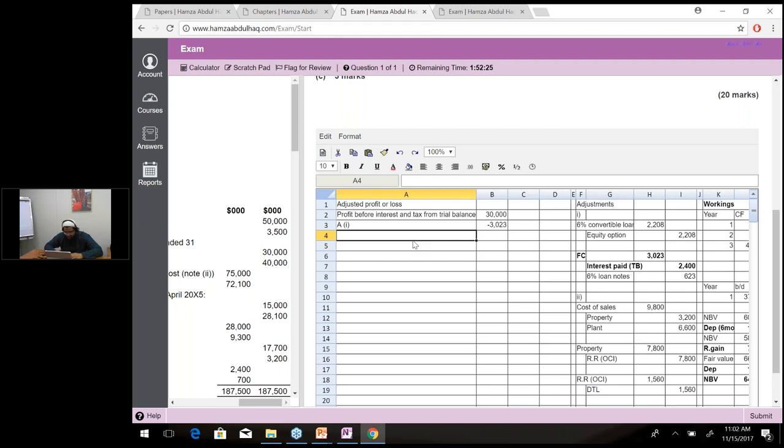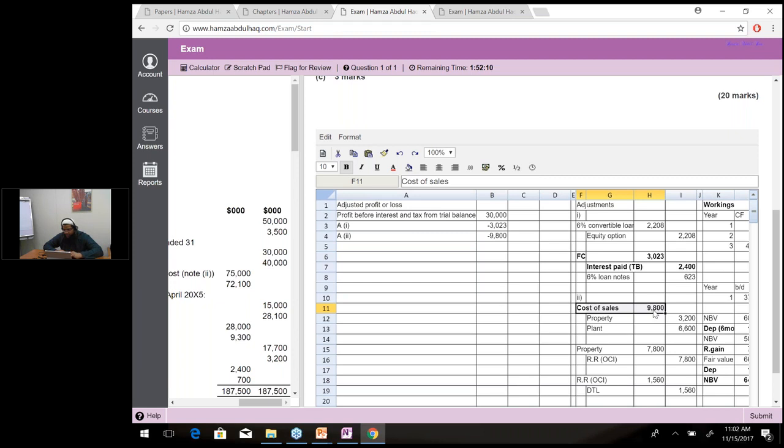Apart from this, if I refer to adjustment number 2, we have debited the cost of sales by 9,800, so equals to minus 9,800. Now the examiner would know from where I am getting the values, and I've made it bold so that I remember that I've incorporated this as well.